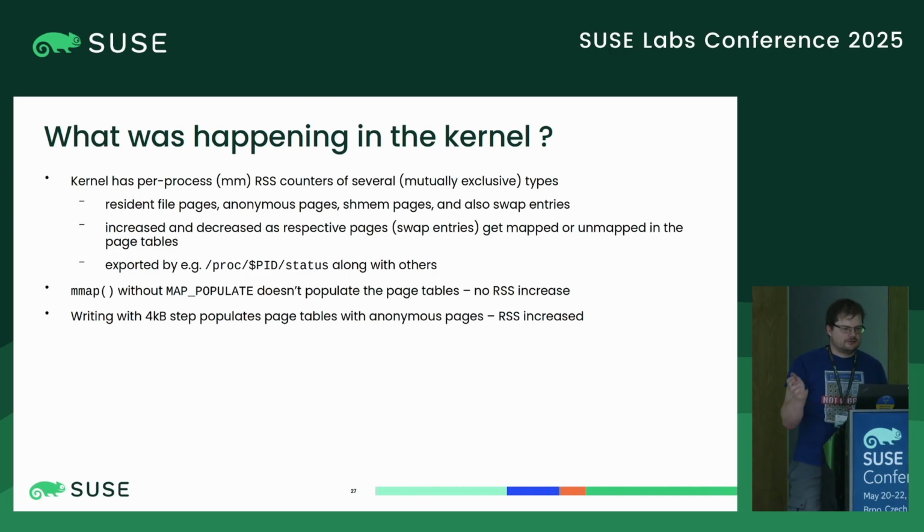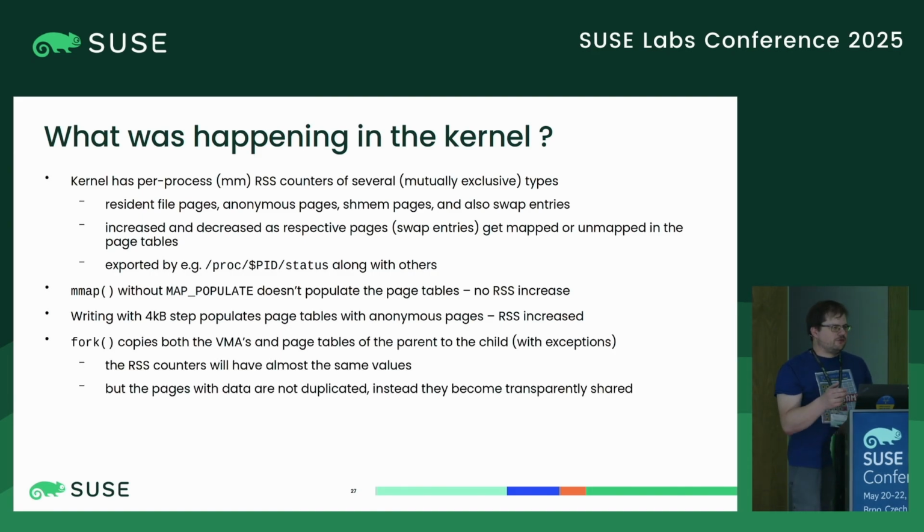So there are no pages in the page tables that would increase the RSS. Once we write there, it happens. When we do the forks, we are creating identical copies of the process, but they should now have independent contents of the memory. So what it does is it copies all the page tables, so they are independent, but to save time and memory, it doesn't actually immediately duplicate all the pages containing the data.